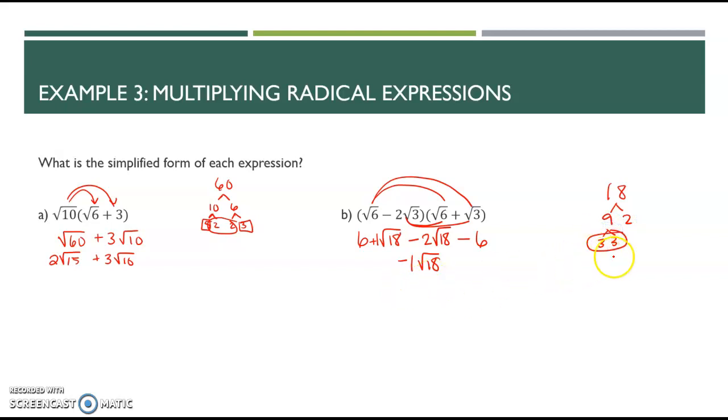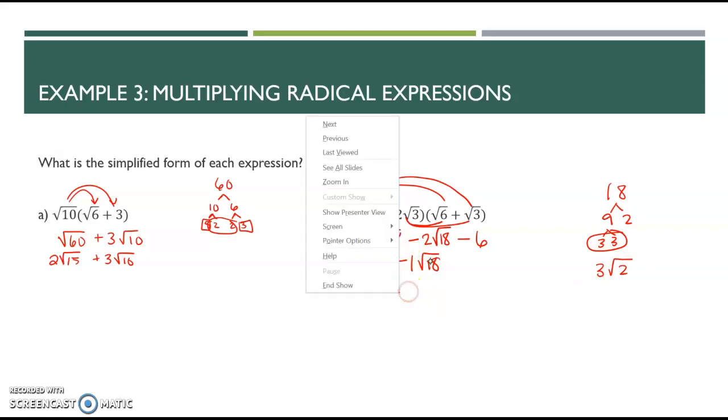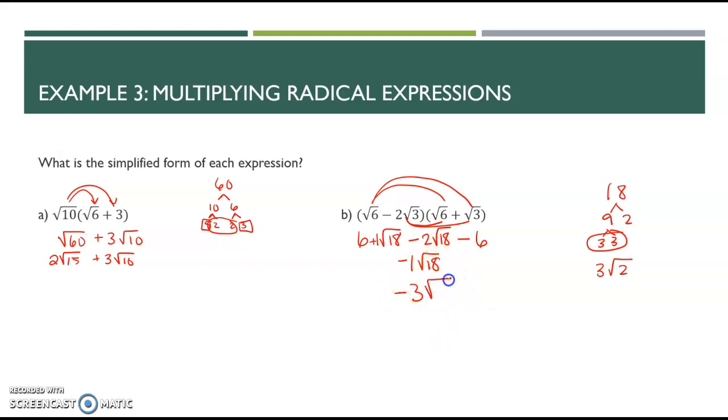So this becomes a 3 square root 2. I'm going to take that 3 times the negative 1 already on the outside. So we end up with negative 3 square root 2. So again, I'm using double distribute. I'm combining like terms still.